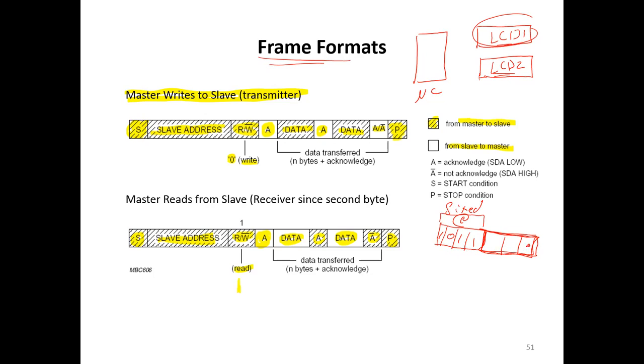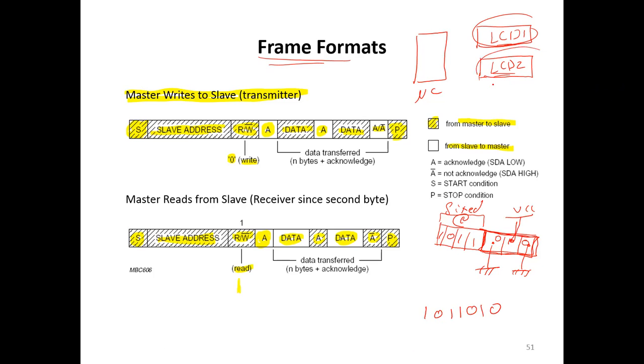If you put this bit to the ground, you have the value 0. If we put this bit, for example, to VCC, this bit will be 1. If we put this bit to the ground, the value will be 0. So with this configuration, the address will be 1011, and then you have 010.